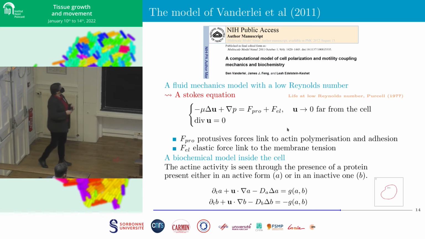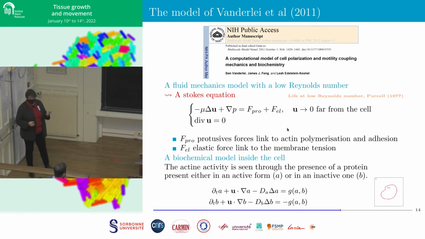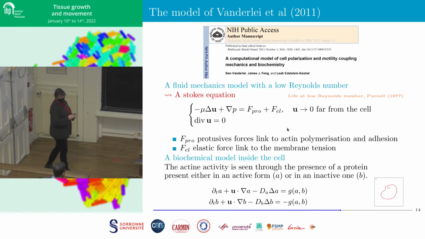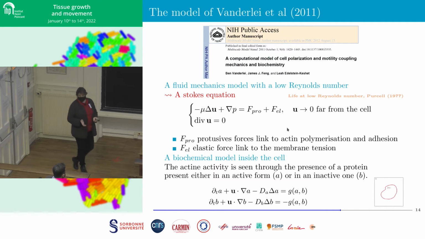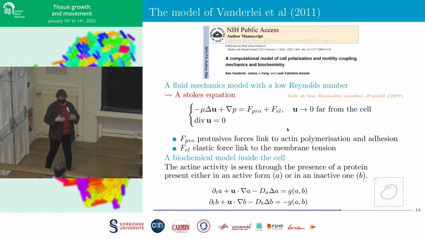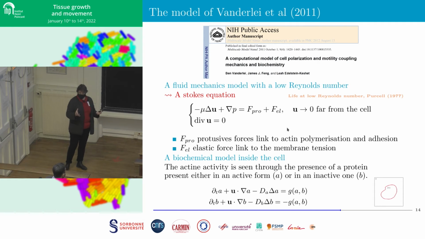And in the work of the group of Edelstein-Keshet, they say that there were two types of forces exerted on the cells: protrusive forces and elastic forces. They neglect the contractile forces in this simplified vision. So coupled to this mechanical model, we have inside the cell a biochemical model.